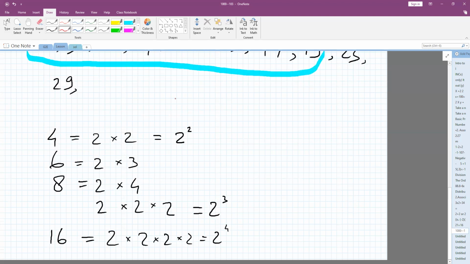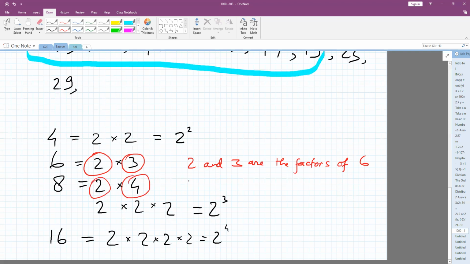Factorization means you try to find the multiplication that gives you this number. For example, if you have 6, you have 2 times 3, meaning that 2 and 3 are the factors of 6. Now 8 equals 2 times 4, that tells us 2 and 4 are also factors of 8.